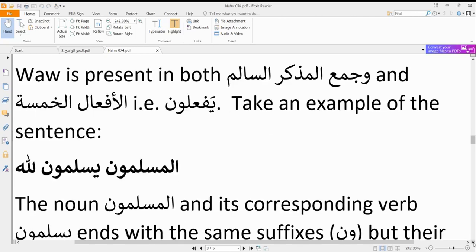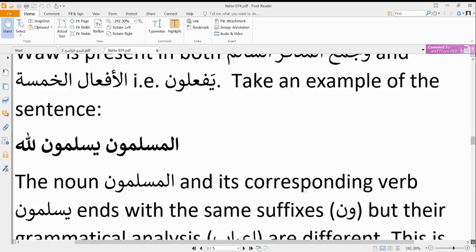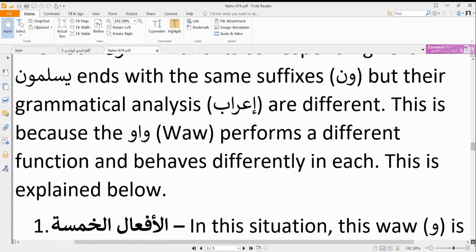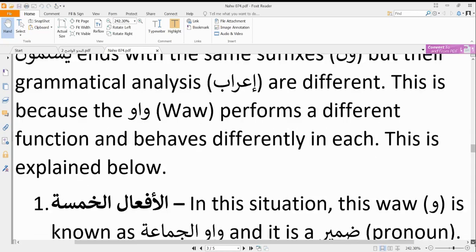So let's look at it. Here, instead of alif and nun, we have waw and nun as the suffix. But the i'rab are also very different for the fa'il and the ism, because the waw performs a very different function and behaves differently in each of these two cases.